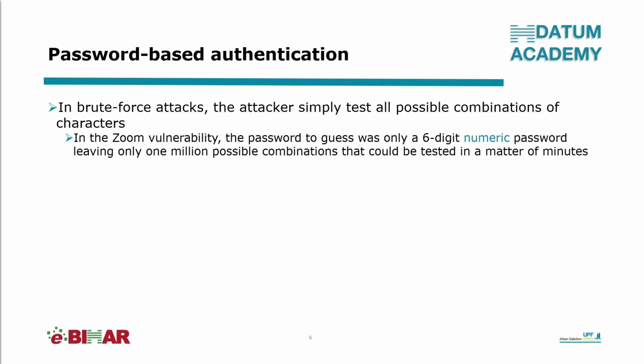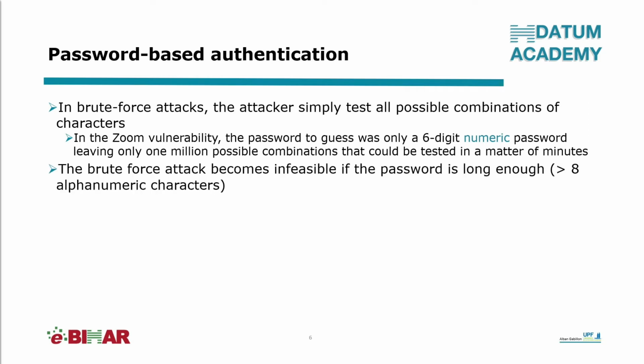In the brute force attack, the attacker simply tests all possible combinations of characters. In the Zoom vulnerability I have just mentioned, the password to guess was only a 6-digit numeric password, leaving only 1 million possible combinations that could be tested in a matter of minutes.